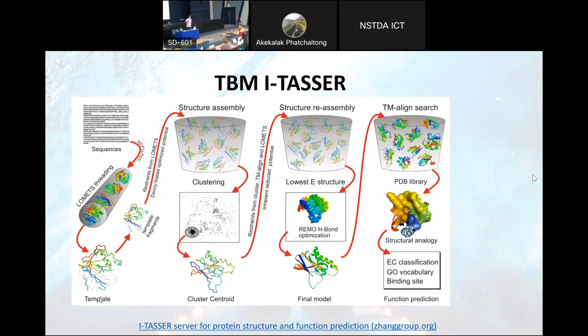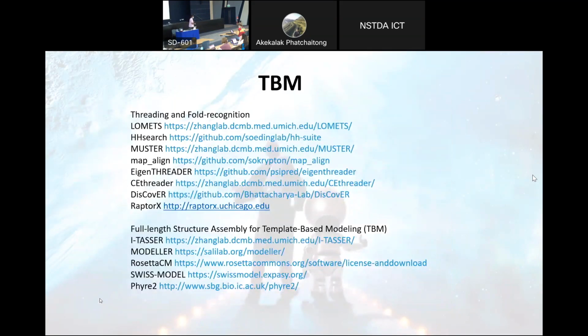So there are lots of software that do this. I'm just highlighting one, which is I-TASSER. And here is a list of software. I'll share these slides in the Slack.